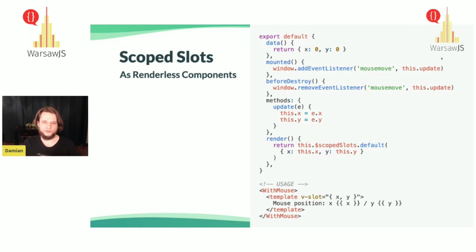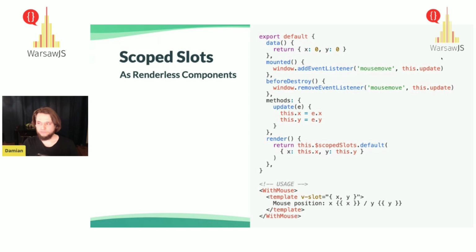This is very similar to React, where you pass arguments. As you can see at the very bottom, within the WithMouse component, the template with the v-slot is kind of like a function, where the properties that you expose within the render function will be accessible here.